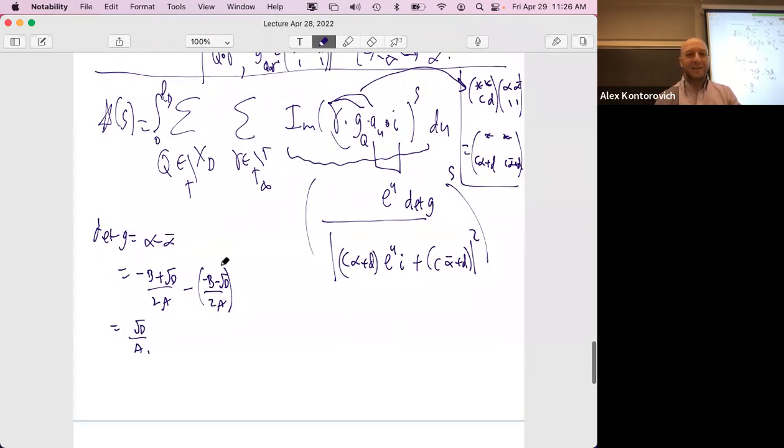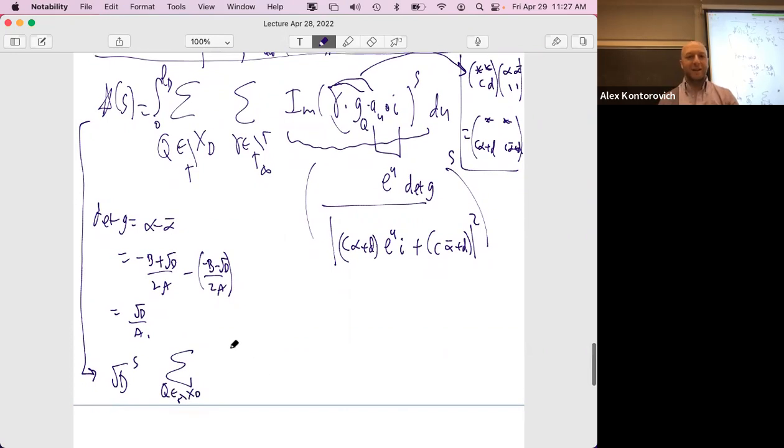Okay, let's keep going. I'm continuing the calculation here. I'll pull out the root d to the s. I have a sum over Q in X_D mod gamma, a sum over gamma, by which I mean now CD coprime. This gamma is whatever CD, so it's just whatever the bottom rows are.